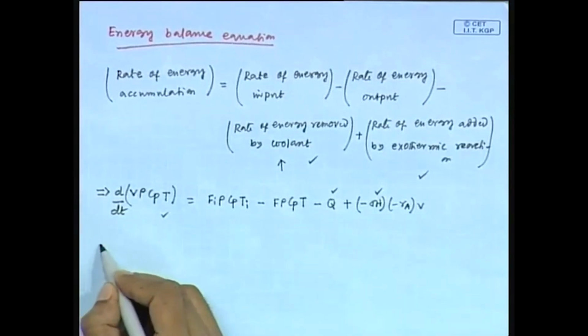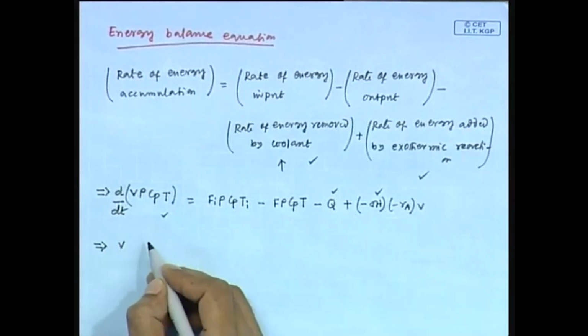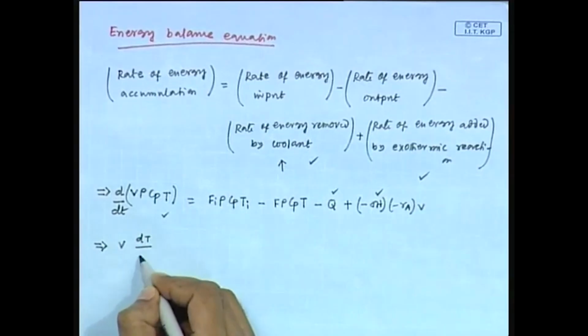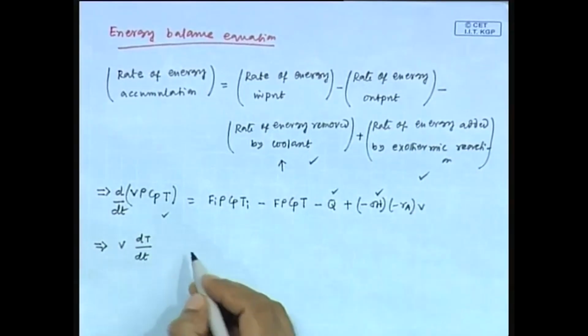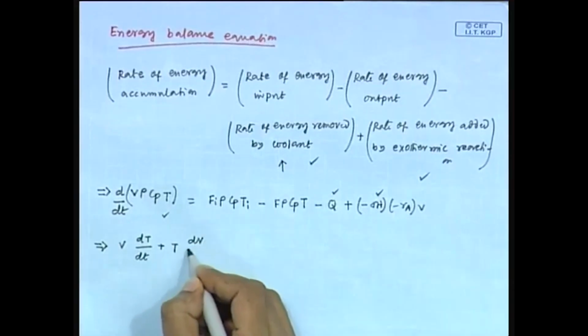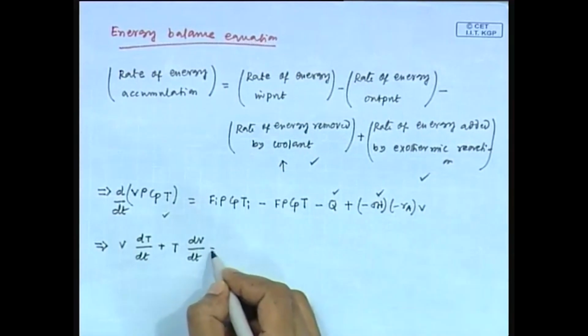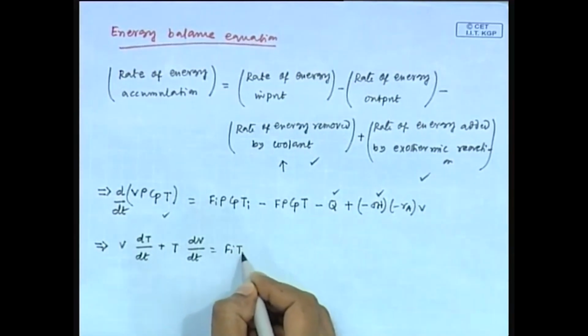Now, dividing both sides by rho Cp, V dT/dt plus temperature dV/dt equals Fi Ti.